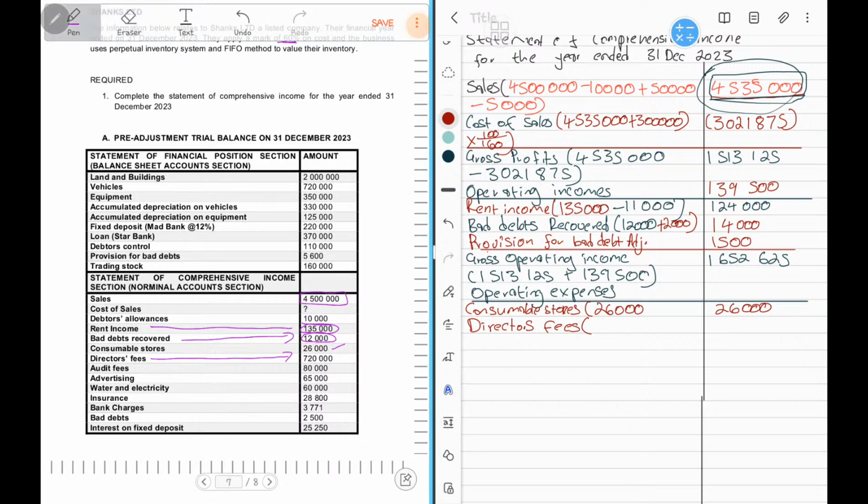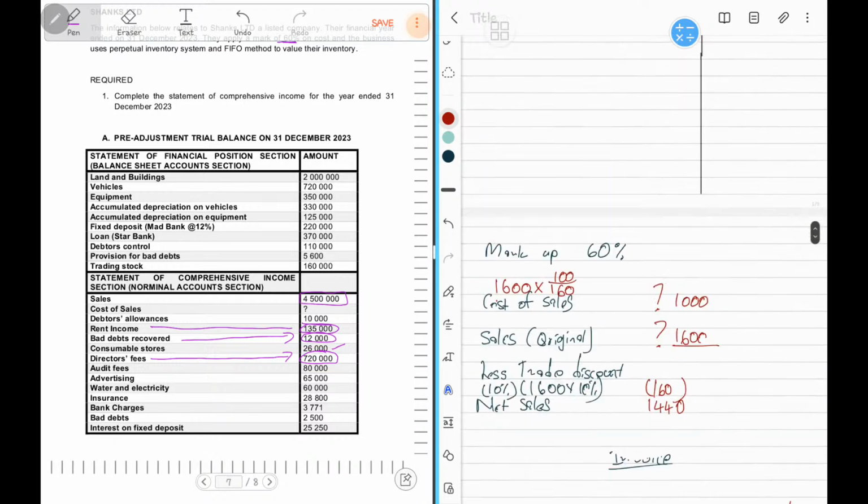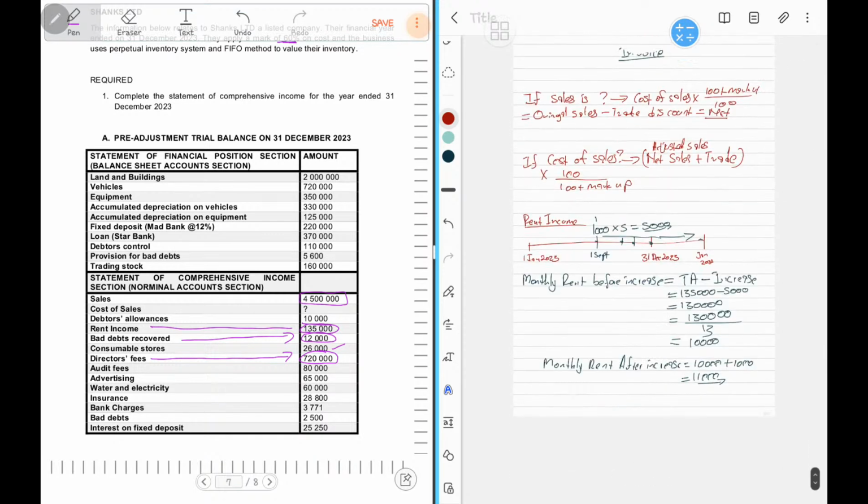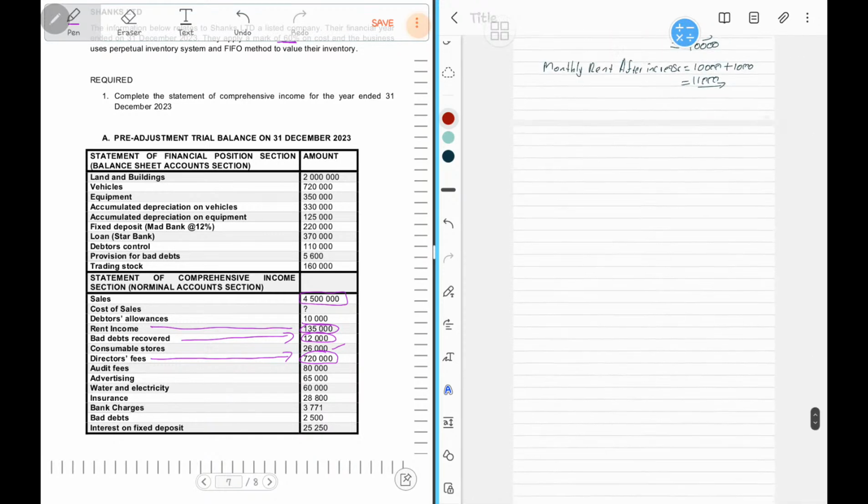So here we're going to plug how much? We're going to plug 720,000. Okay, then to our calculations side.